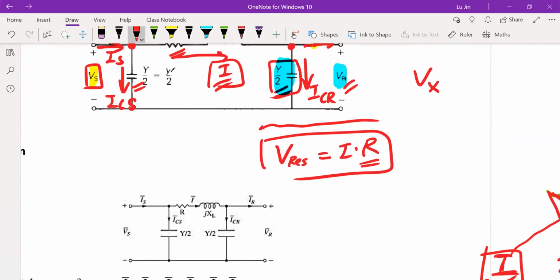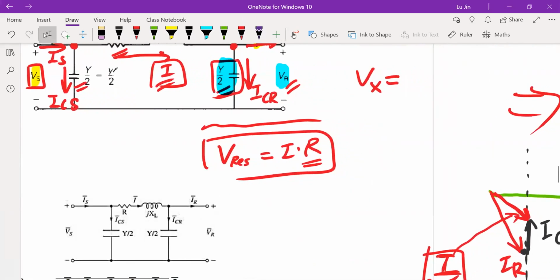Voltage across the inductance must equal the current I multiplied by the reactance, because for such inductive reactance, it doesn't have real components, right? So it's just a J by X. So this is reactance. This J is indicating a 90 degrees phase angle change.